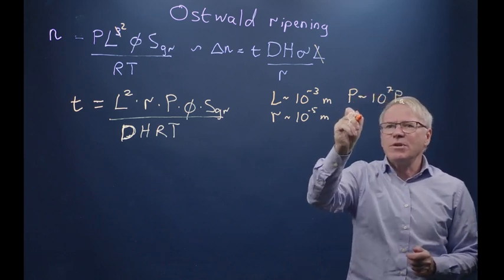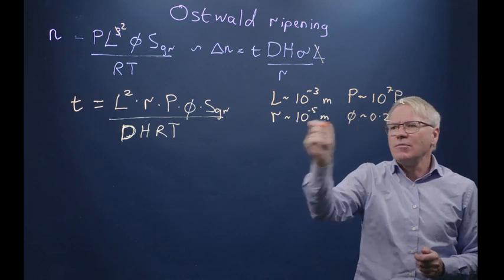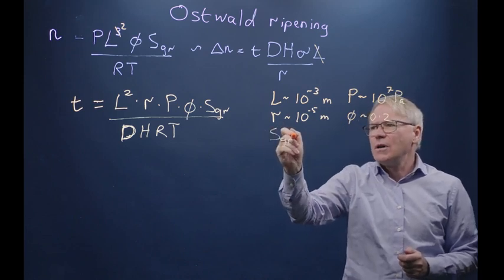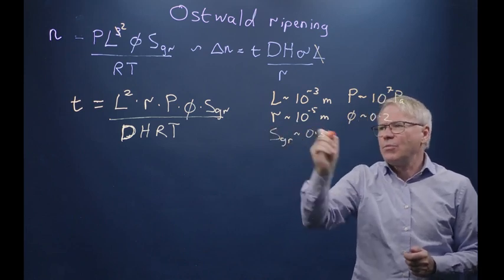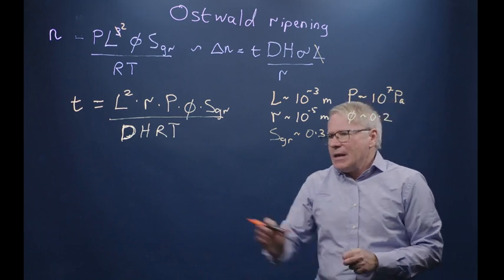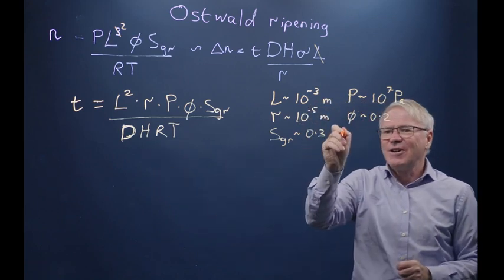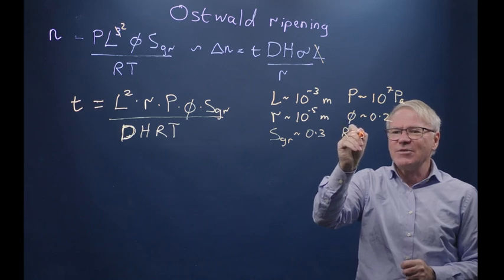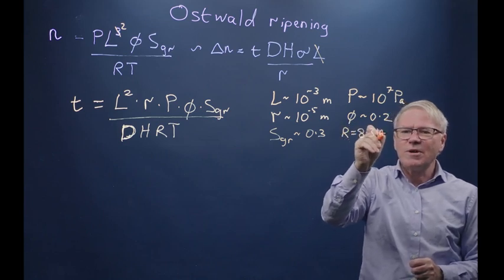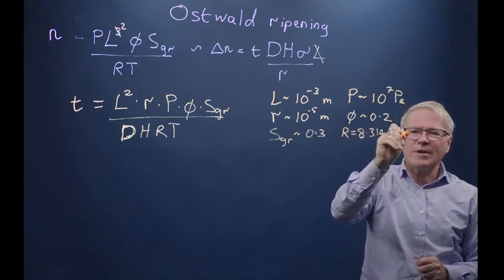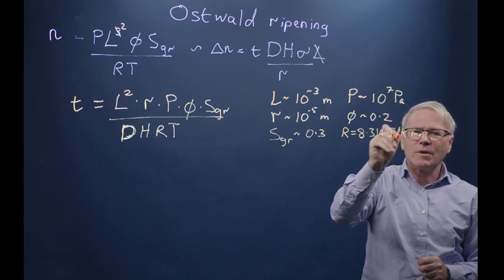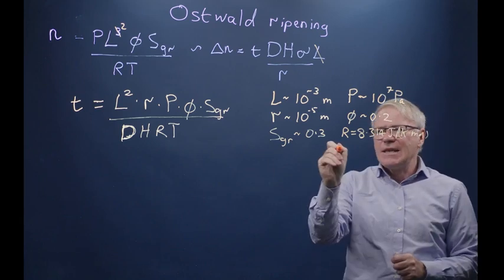Porosity, say at 0.2. Residual saturation of 0.3. I'm going to do D and H a little bit later. Let's do R. R is the ideal gas constant, so it's 8.314 joules per Kelvin per mole. And T is the absolute temperature.